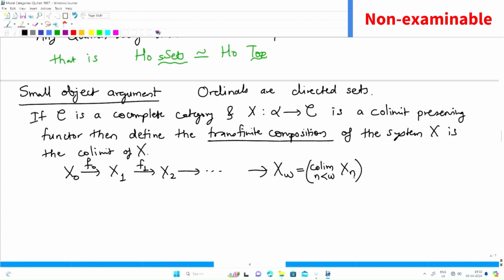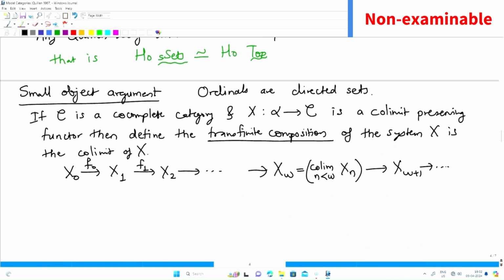But the process doesn't stop here. You again have x omega plus 1, and you continue, then you will have x omega plus omega, and so on and so forth until you reach a particular ordinal, the shape alpha. As long as the subscripts of x are less than alpha, you continue doing this. Then the ultimate colimit is the transfinite composition. Now colimits are unique up to unique isomorphism.